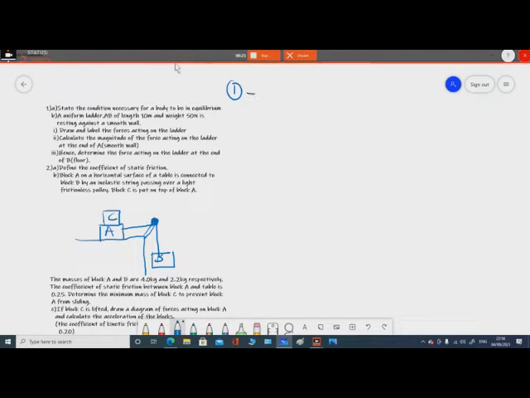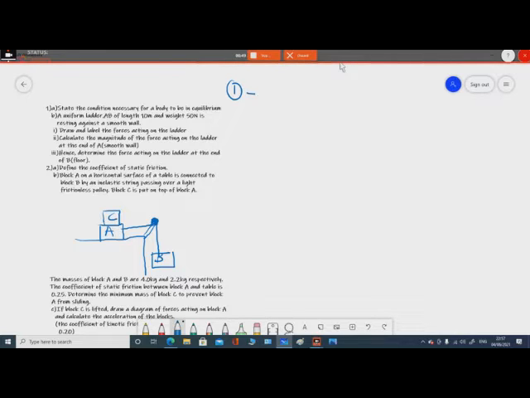Okay, as we discussed from the previous video, if the body is in equilibrium, it means that it is in stationary condition. So if the body is in stationary condition, it means that there is no translational motion and there is no rotational motion.